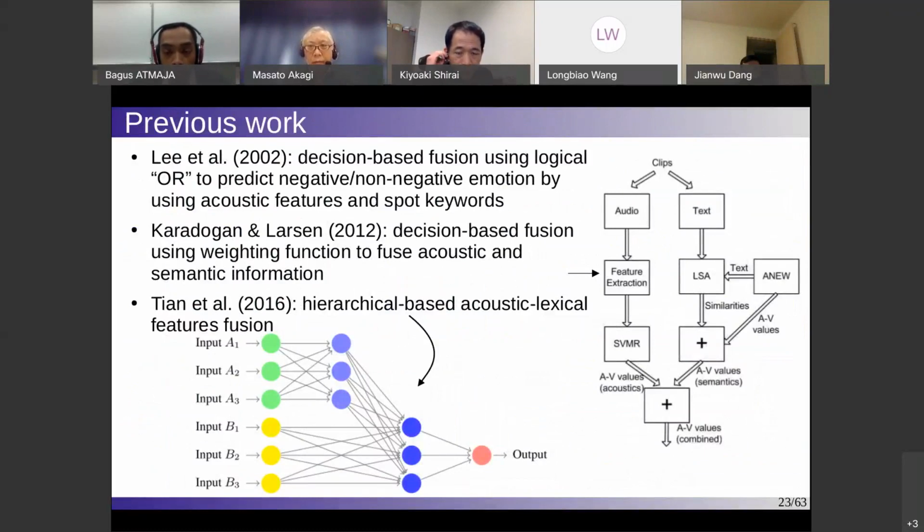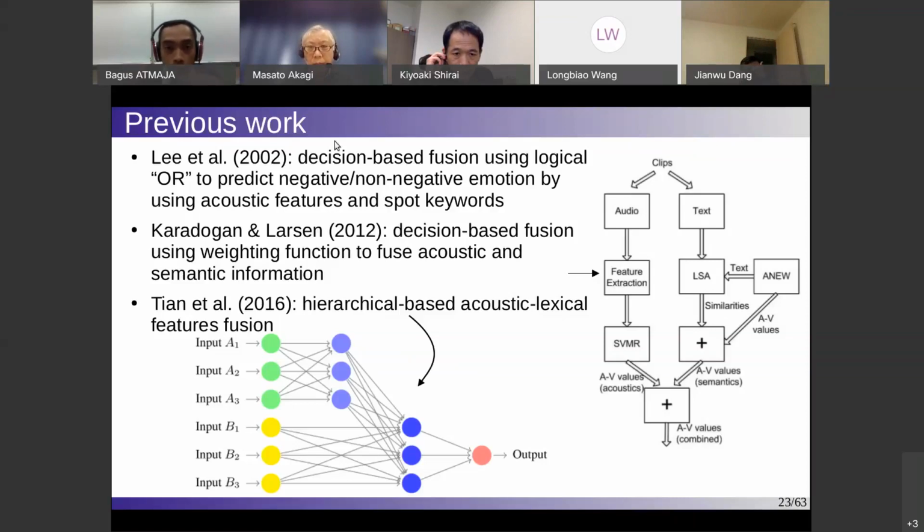The difference is, one by one, I think the idea is the same, but the concept and philosophy are different. First, my concept is that I fuse information, in this case acoustic features and linguistic features, with different approaches, late and early fusion.